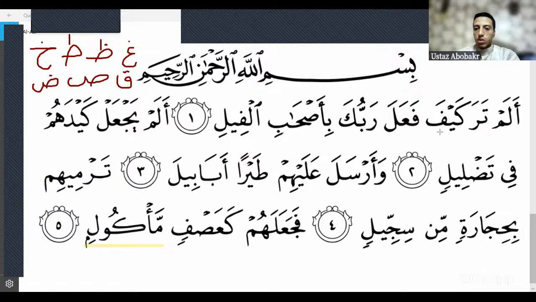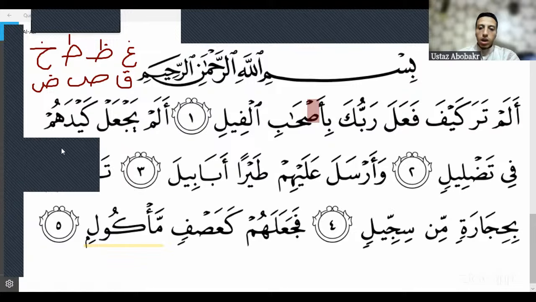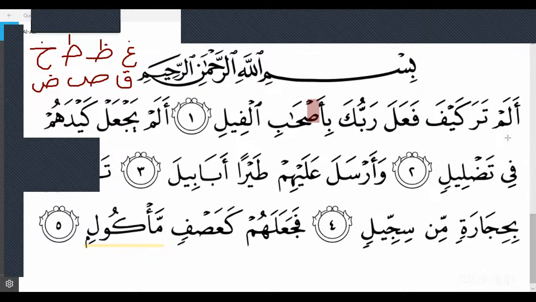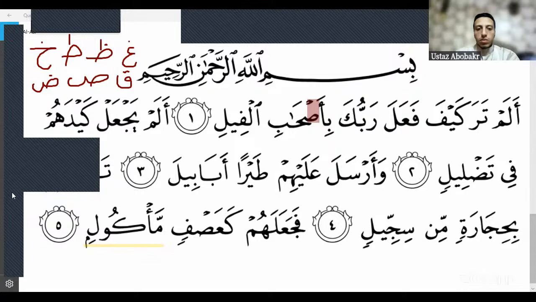Let's look over here. In the first ayah, we have Sad. That is one of the heavy letters. Do we have any others? Let me check, sir.